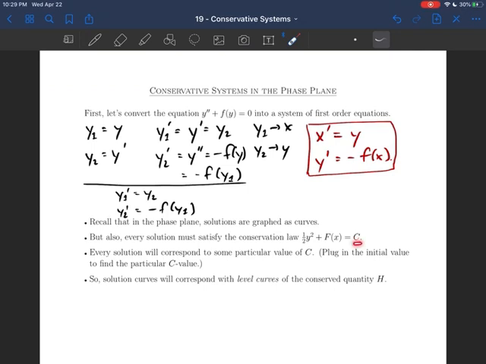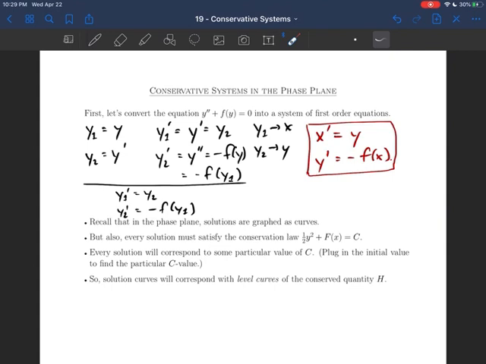Now, if you recall, in the phase plane, the solution curves are just curves in the xy plane. But also this conservation law that we have here also defines curves in the xy plane. For any constant, the set of points x and y that satisfy this equation will form some kind of set in that plane.